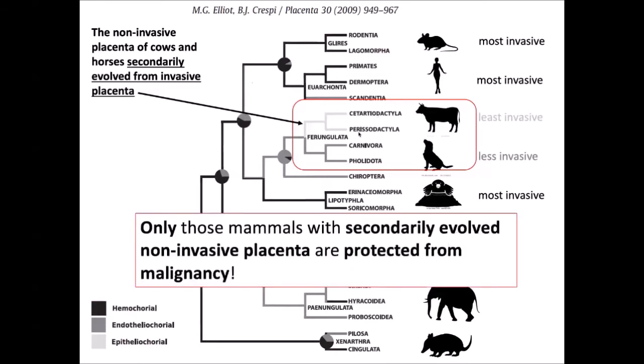So what we observe here is that only those mammals which secondarily evolved non-invasive placentation, like the hoofed animals here, are protected from malignancy. It's not the marsupials that never were invasive that are protected from it. So that supports the idea that maybe evolution of non-invasive placentation and evolution of less vulnerability to malignancy might be connected.